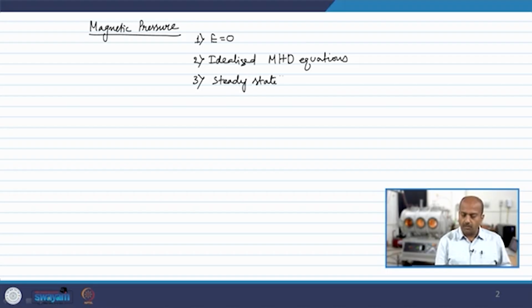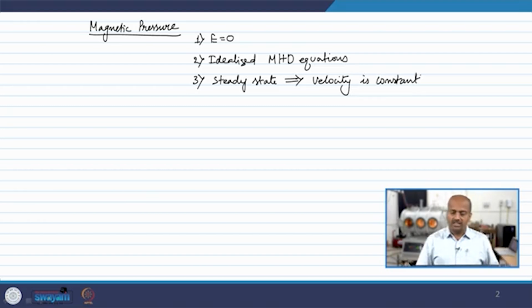Steady state, what does it mean? Steady state means the velocity is constant. The plasma motion is such that the velocity is constant, or we can also say that it is in equilibrium.